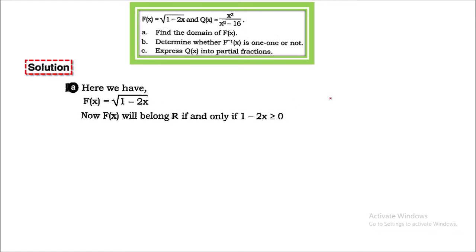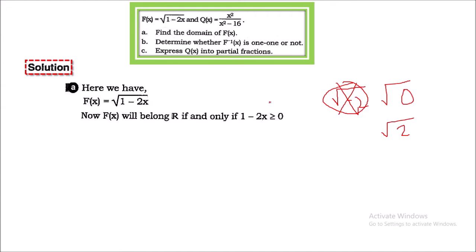That means if you think of root over minus 2, it is not possible to find out. If it is 0, root over 0 means 0, it doesn't matter. Or root over 2 means approximately 1.1416.